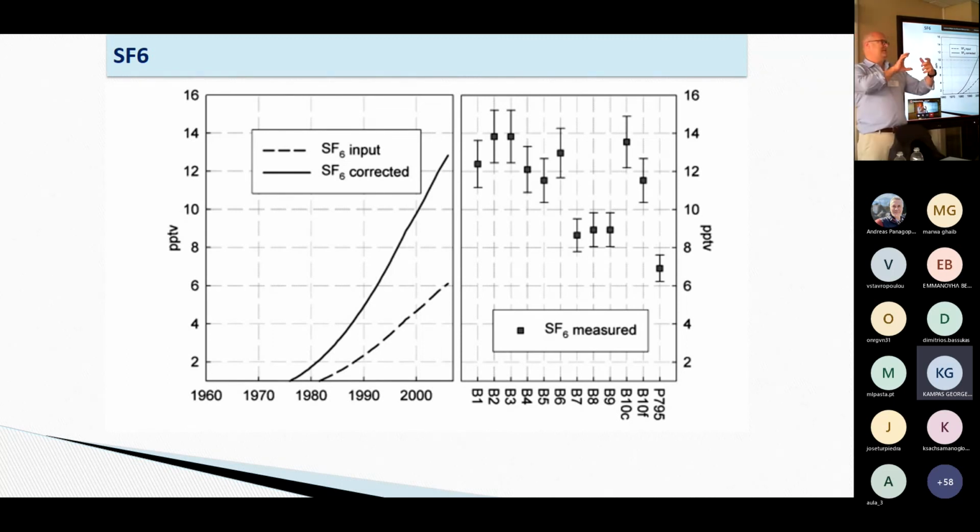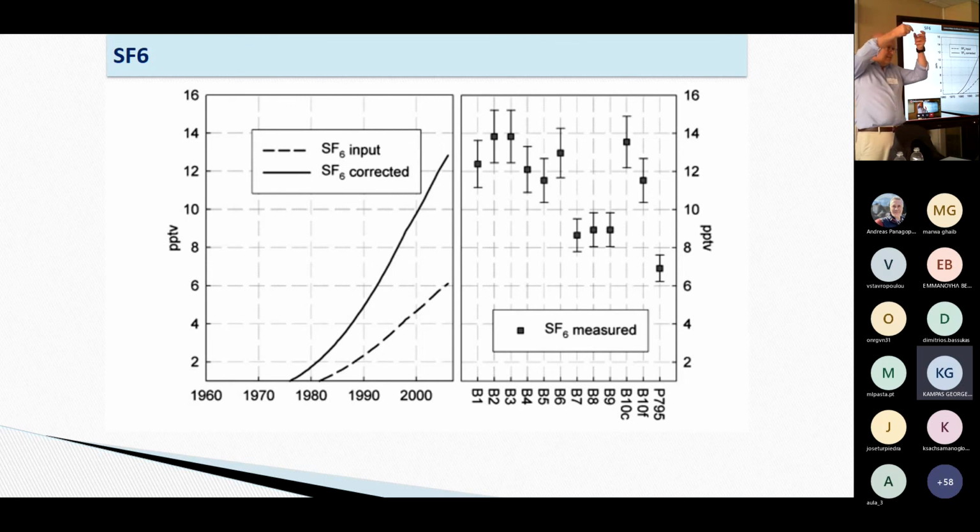Now what we do then is we first calculate how much the pressure is lower at a certain altitude using the international barometric formula. Then we have a lower pressure, and we assume that the SF6 concentration will also decrease in the same manner because it's partial pressure.